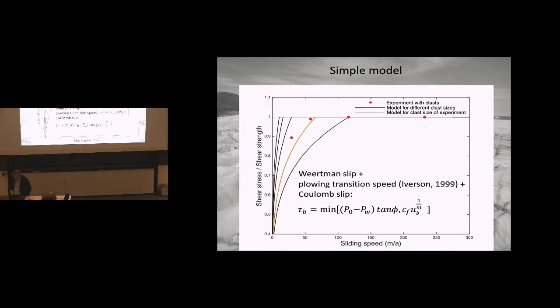So a simple way to think about this is to argue that the basal shear stress here is the smaller of either the drag associated with Weertman slip at some velocity u sub b, or the Coulomb strength of the till, which is given by the effective stress multiplied by a friction coefficient, which for soils is often written in terms of the friction angle phi.